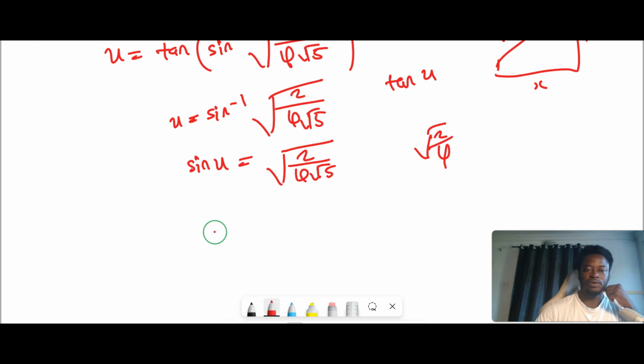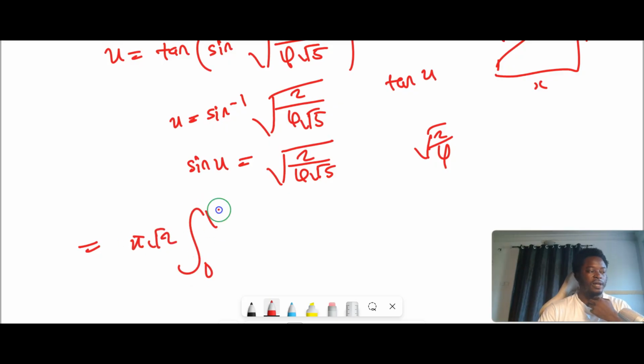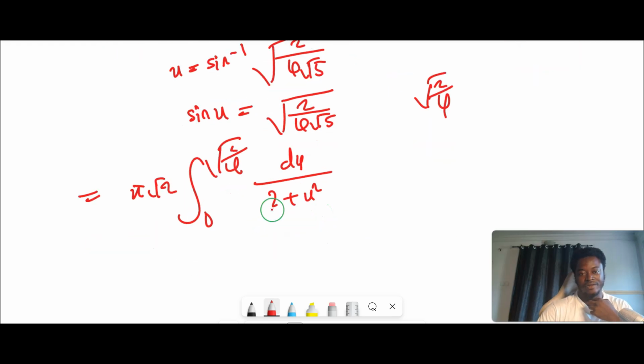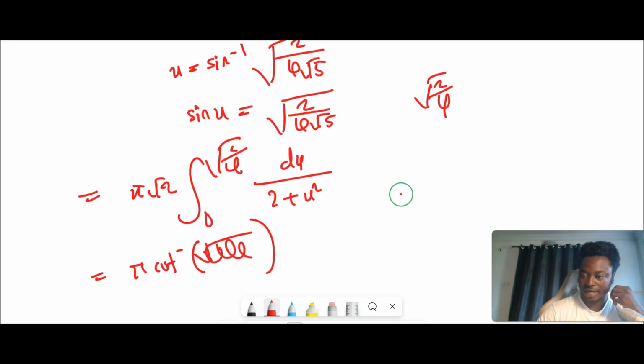So this whole integral, let me check it out, we have pi over square root of 2 times the integral from 0 to 2 over square root of phi of du over 2 plus u squared. So you see how everything has simplified out, and this is going to give you the result when you compute the integral.